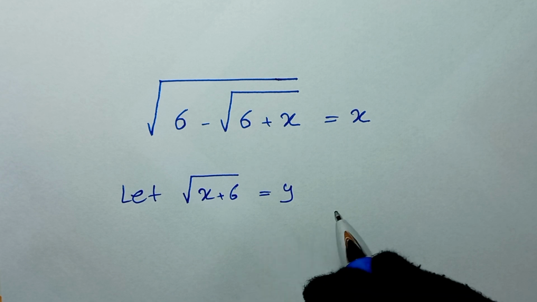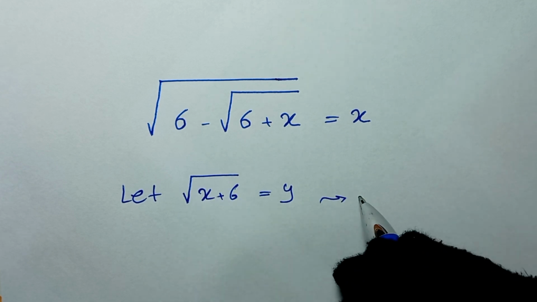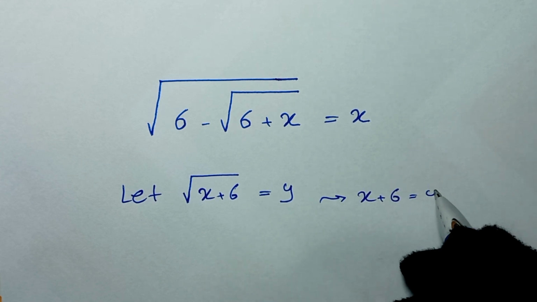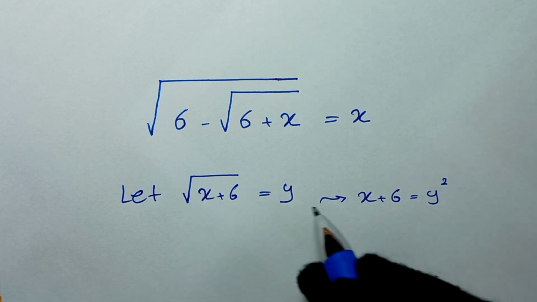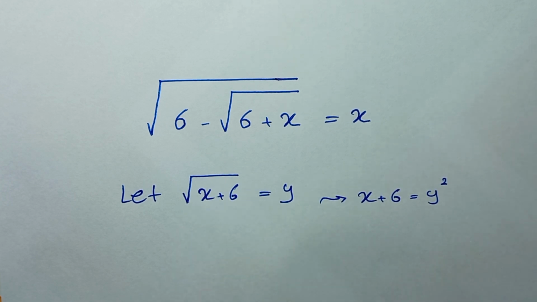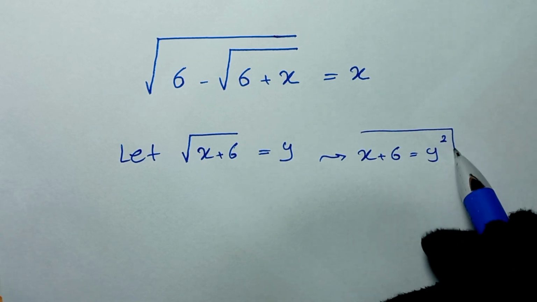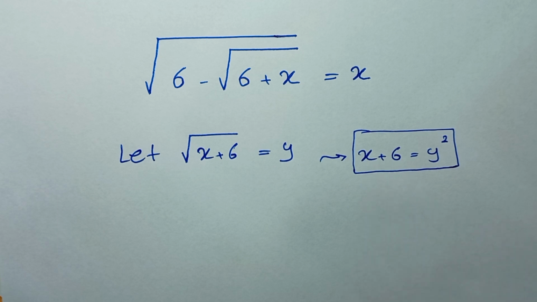So, if we square both sides of this equation, it will be x plus 6 is equal to y squared, right? The square and the square root cancel, and it will be y squared. So y squared is equal to 6 plus x.